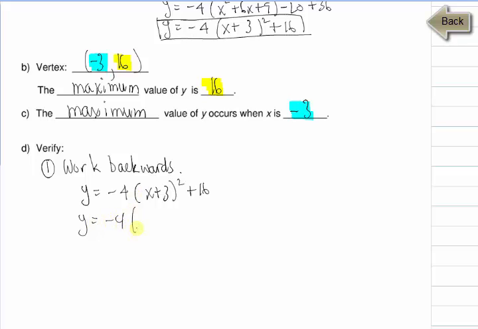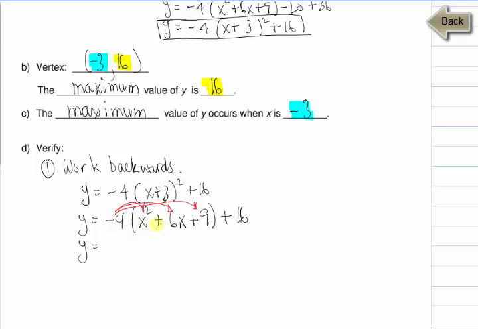I'm going to use my shortcut, so I'm going to square my first term, which is x squared, keep the positive sign, multiply the 3 times the x to get 3x and double that, so 6x. The second sign is always positive, square my last term, so the square of 3 is 9, and then plus 16.